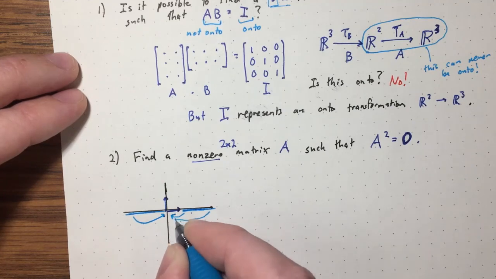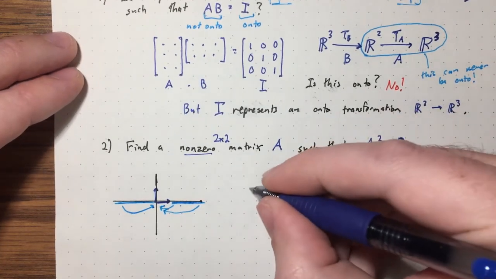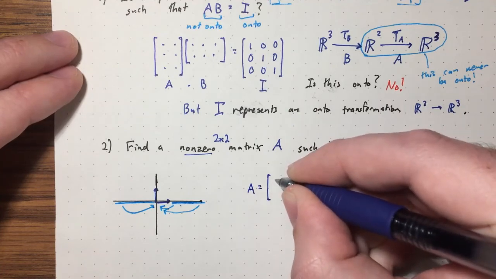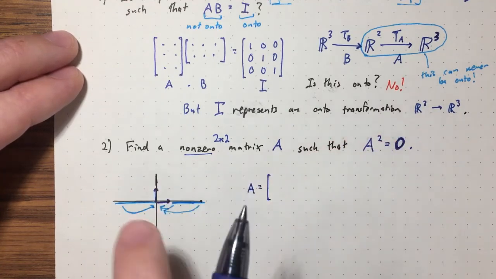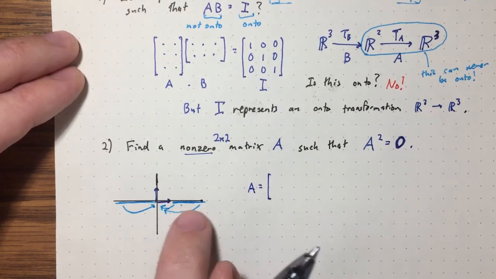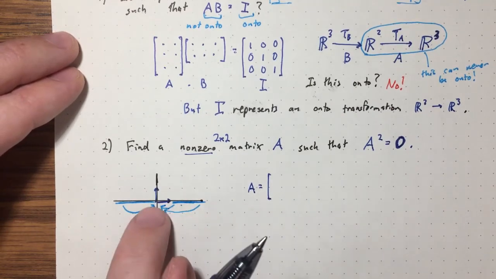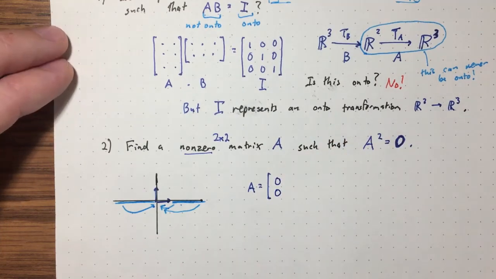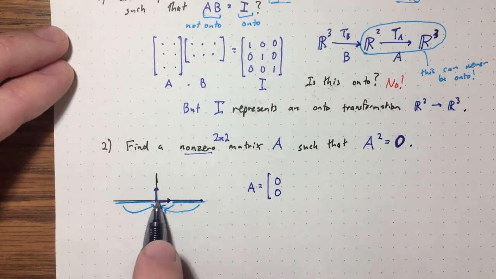Okay. So here's what I want my first column to be. I want 1, 0 to go to 0, 0. I just want to push it down to 0. And then, of course, any multiple of 1, 0 is also going to go to 0. So my first column will just be 0, 0. That's the image of 1, 0.